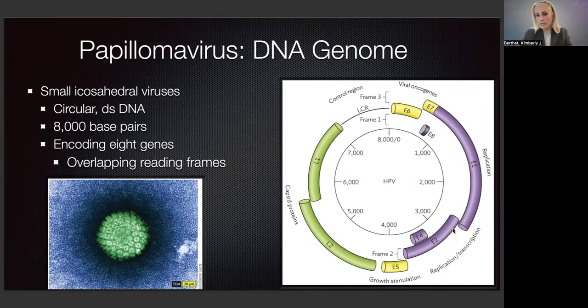So part of the E2 gene is also the E4 gene. So instead of having the E4 gene as an additional sequence, making it more than 8,000 base pairs, it is just wrapped up within another gene. So they have overlapping reading frames. Reading from here to here is different than reading from here to here. And here we can see that's a human papilloma virus.